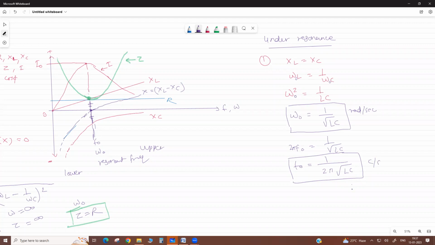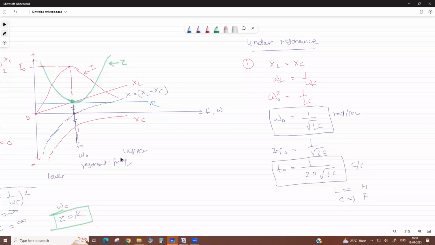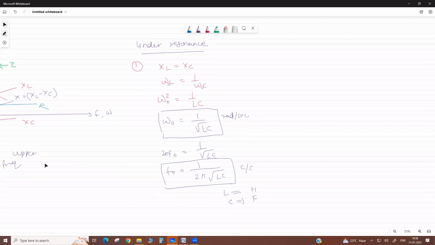But the condition is L is in Henry and C is in farad. Okay, unit, please. This is the resonant frequency.